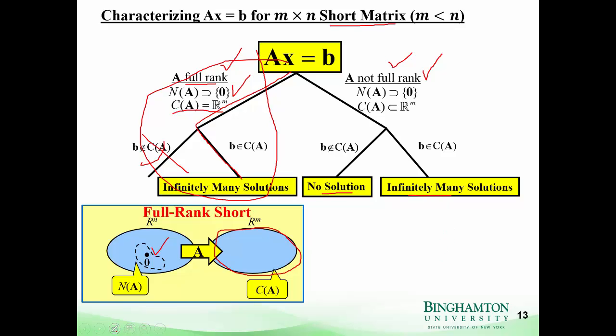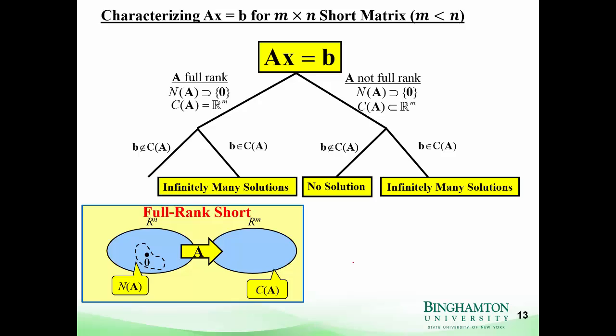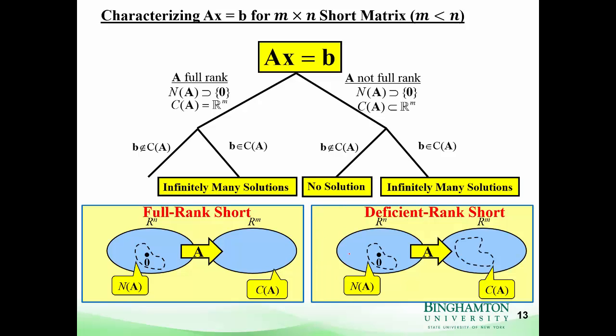Now, I will just briefly mention, I'm not going to dwell on this. Oh, yeah, I should show you the picture. There we've got two kidneys, one for the null space, one for the column space, although that's kind of a weird looking kidney. It's a kidney with a little extra knee growth there or something.